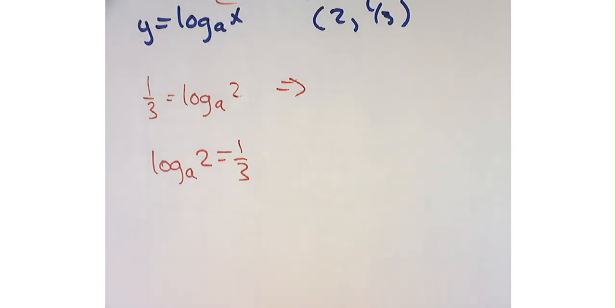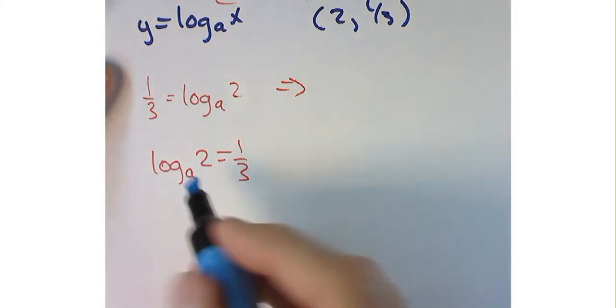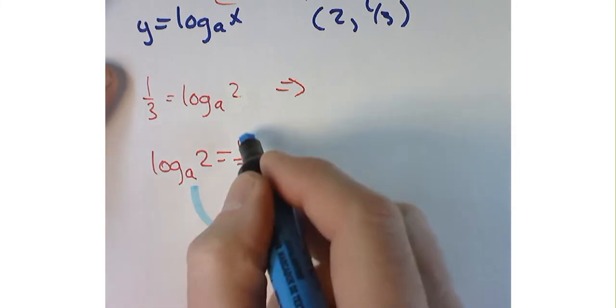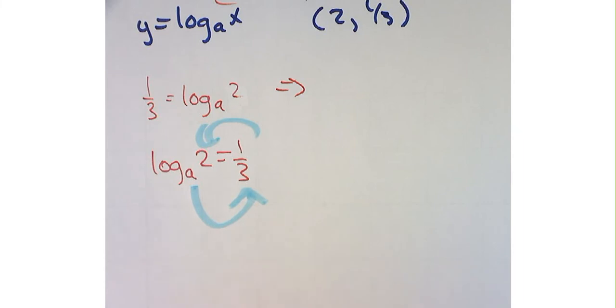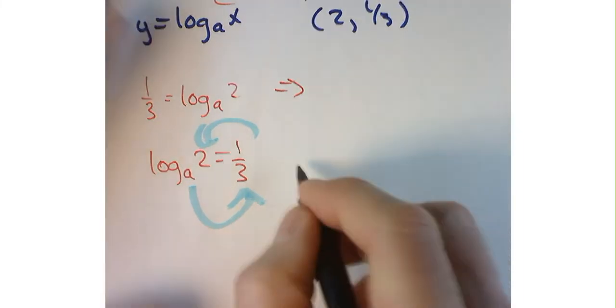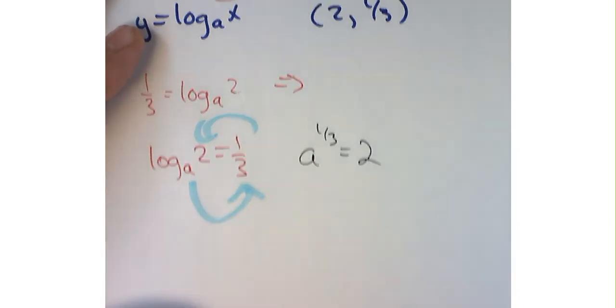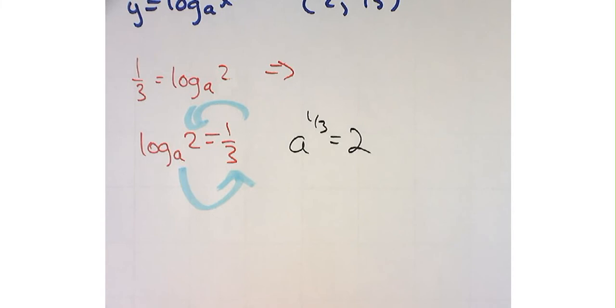See if you can't come up with that one. Write it using exponents. Remember, always start with the base to this power equals this. So that would be a to the 1/3 equals 2. And we still haven't solved for a, but we're at least a little bit closer.